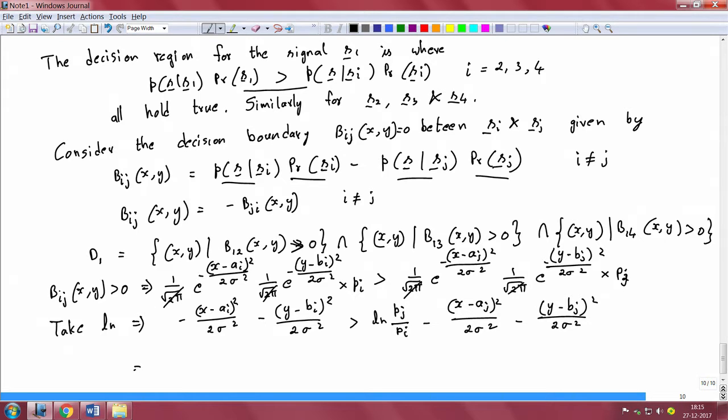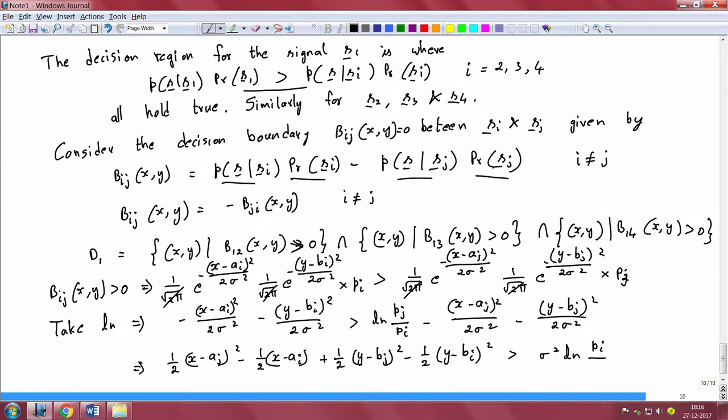So, this further can be written as half of x minus aj whole square minus half of x minus ai whole square, I am just rearranging these terms and multiplying both sides by 2 sigma square, plus half of y minus bj whole square minus half of y minus bi whole square is greater than sigma square log pi by pj.